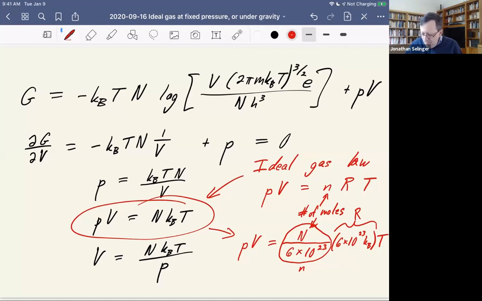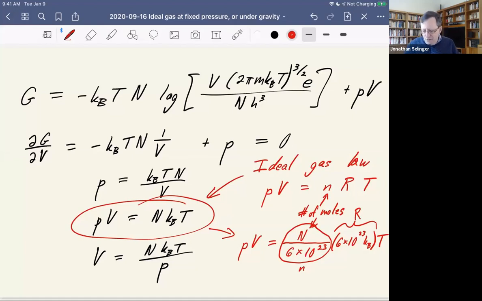And what I am trying to show you here is that you can think of this law that might be familiar to you as the result of a minimization problem. It's the result of minimizing a free energy, because in this course, almost everything is minimizing a free energy.